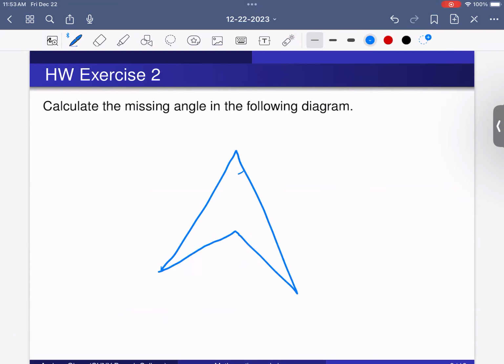And here we have 60 degrees, not a triangle, sorry, a quadrilateral, 60 degrees and 15 degrees and 20 degrees. And we want to find this missing angle over here. Okay, does anybody want to give a solution here?